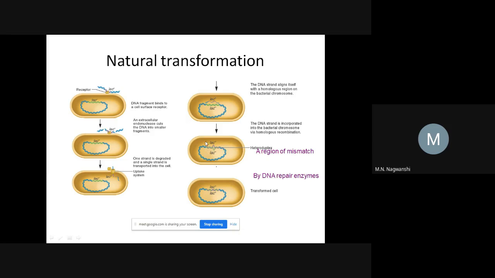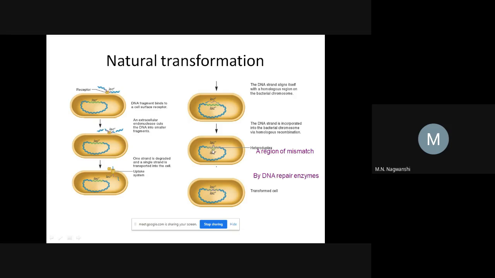So therefore, this part of the bacterial chromosome is called heteroduplex. But not all the nucleotides present in the foreign DNA and in the chromosomal DNA fragments are exactly complementary to each other.